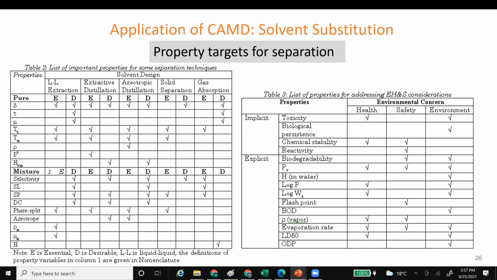And then in addition to that, there can be desirable properties that will improve its performance. And the table on the right gives properties related to health, safety, and environment. So when we are formulating, we need to formulate all of these. And in addition to these, we need to check through process simulation, and after that, through experimental verification.